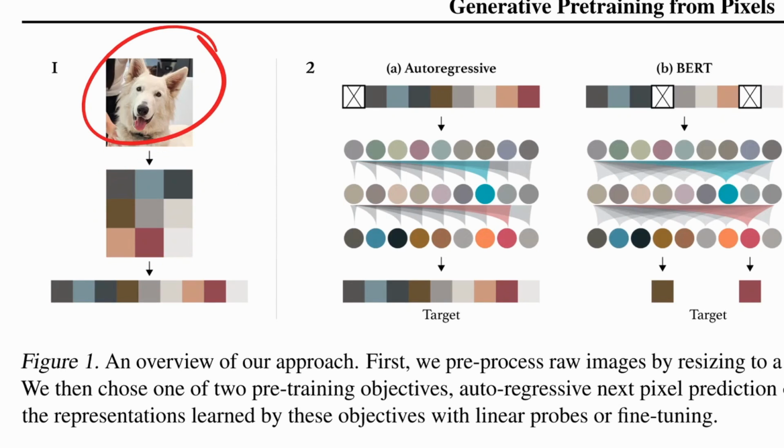Then they unroll it, which simply means they go through the image like this and make a sequence out of it, because their models are naturally made for text sequences. They simply put the image into a text sequence. They further simplify this by reducing the 3 color channels to a single one.